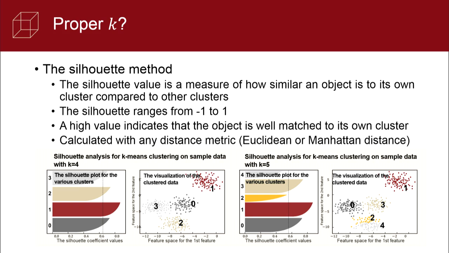For example, for the same data points, this is the case when k is equal to 4, and this is the case when k is equal to 5. When k is equal to 4, all the silhouette coefficient values are above 0.6, and normally if the silhouette value is above 0.5, the clustering is good.